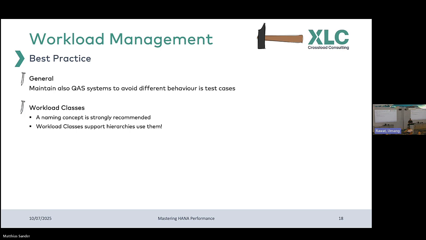This can be really helpful, so it's just a tip from our side to use them. We also always try to separate into different categories, to have a workload class maybe for business critical applications, to prioritize these kinds of statements in the first level, and also to have the lower priorities, which you can be more restrictive with at the end.